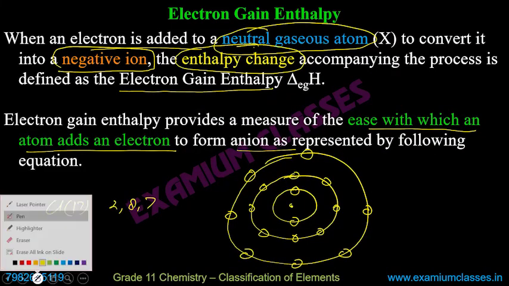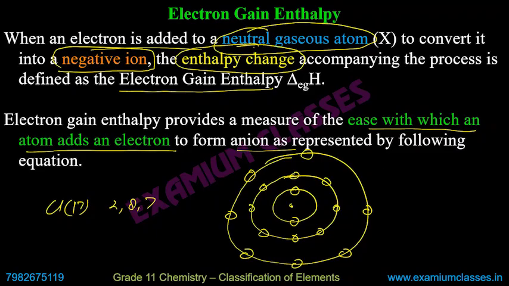It means if it gains 1 electron, it will become very stable because it will attain the noble gas configuration of argon, 18 electrons. It will be very stable. And I have told you that if any species becomes more stable, it means its energy will be less.